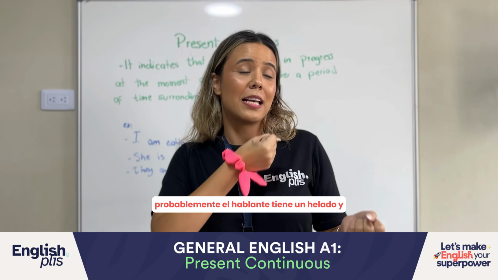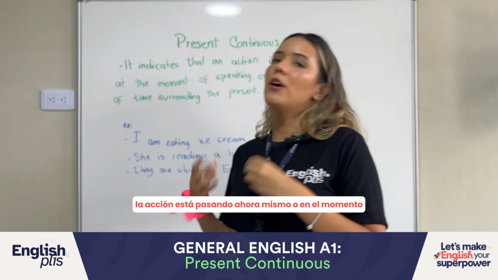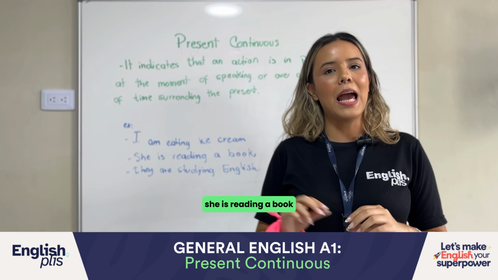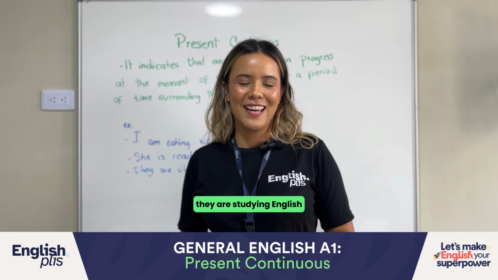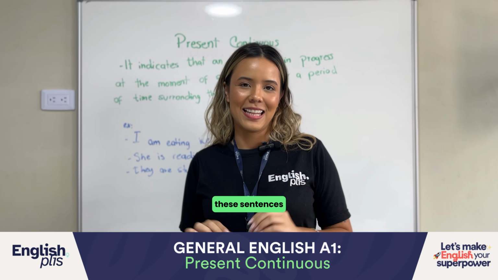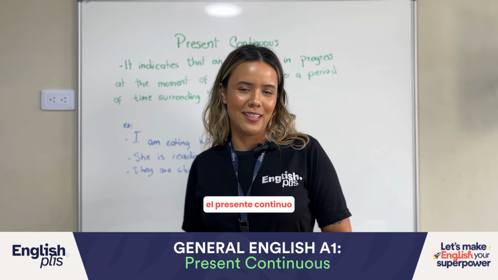Probably the speaker has an ice cream and the action is happening right now, as the speaker is talking. She is reading a book. They are studying English. And I'm going to teach you how we can create these sentences so you can understand the present continuous a little bit better.